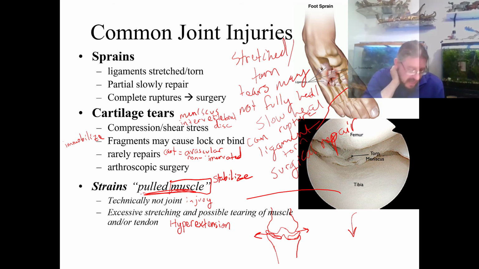That's the big danger of something like whiplash: hyperextension occurs quickly enough that it can damage the muscle or tendon. And so this has negative consequences on joint stability, which means it can lead to further injuries.